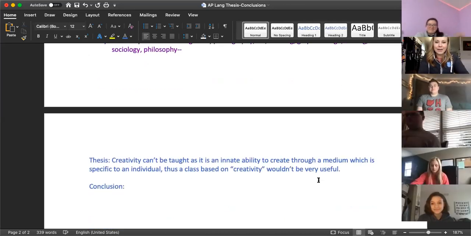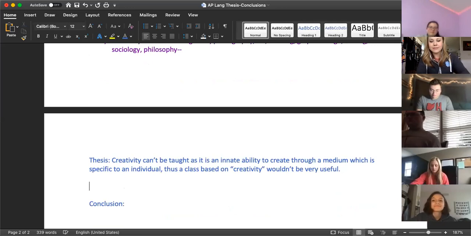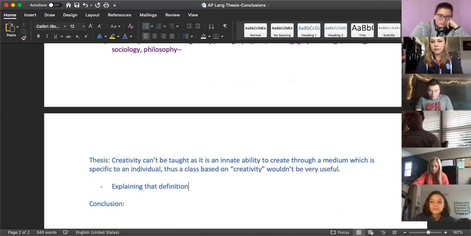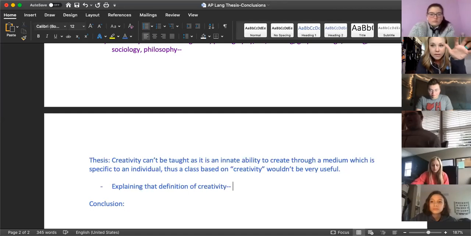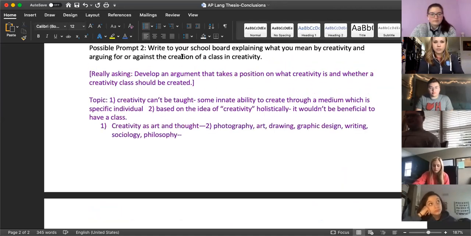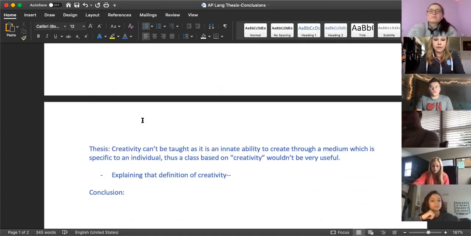Okay. And so then here, I think we would need to make sure we spend some time in this paragraph explaining that definition of creativity, right? Because that's going to heavily color the way that we then discuss it. As we looked at even just these two different options here, there's really kind of a wide spectrum with the idea of creativity.